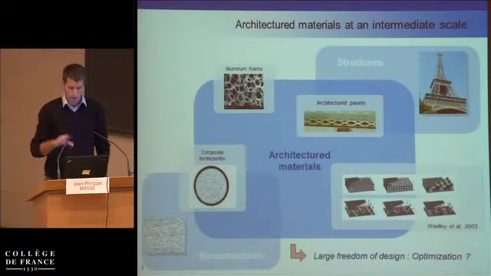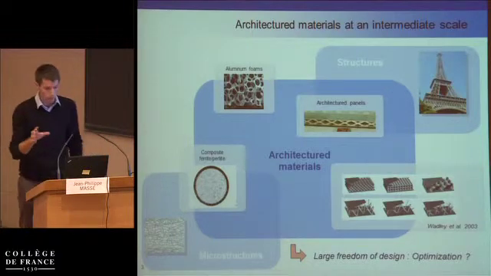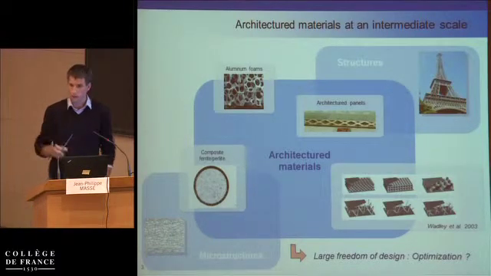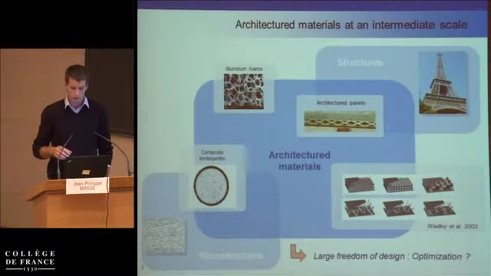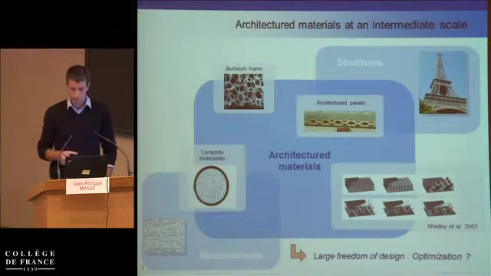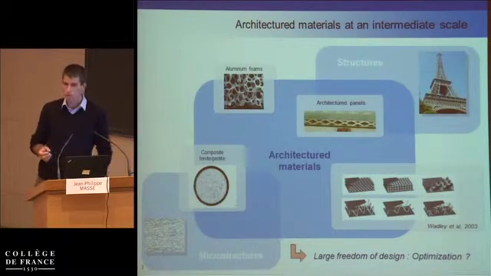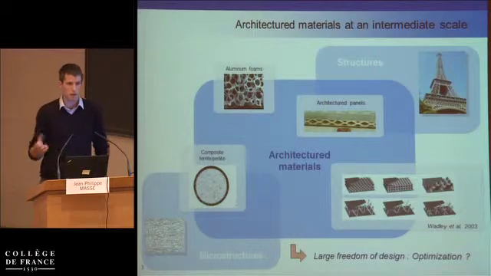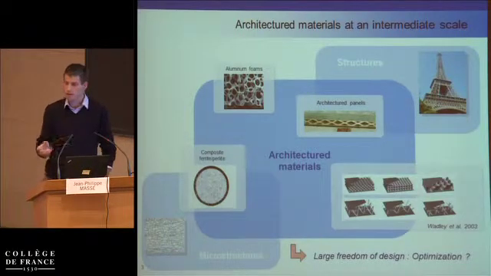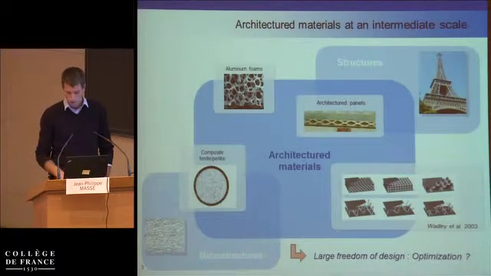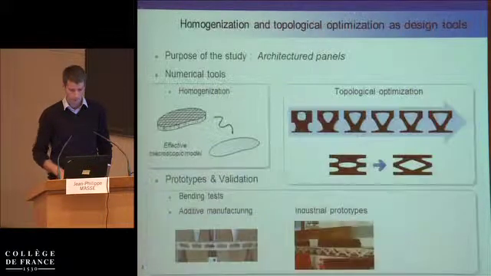Working with architecture and design of such materials, the problem is we have large degrees of freedom to design how to distribute the matter, and our question was how to use optimization techniques and methods in order to help design such material.